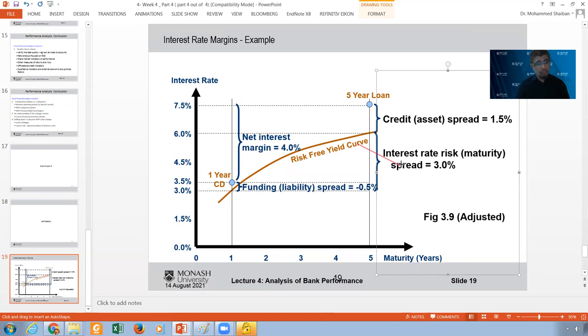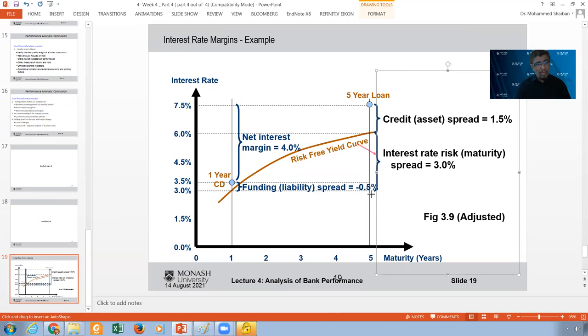Credit risk is out of our calculation because the government never defaults. But when we give corporate loans, there is a possibility that they will default. So I have to take this into consideration and add my credit risk, which is 1.5.